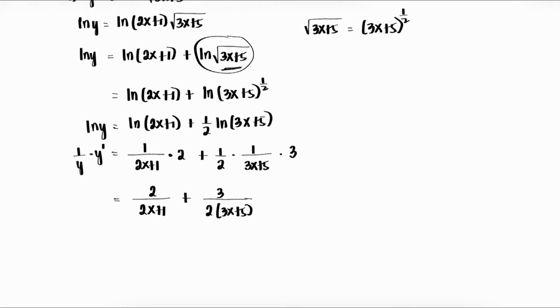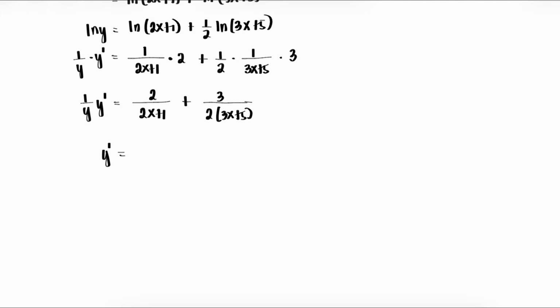This is still 1 over y times y prime. And so y prime is equal to, multiplying both sides by y, that's y times 2 over 2x plus 1 plus 3 divided by 2 times 3x plus 5.